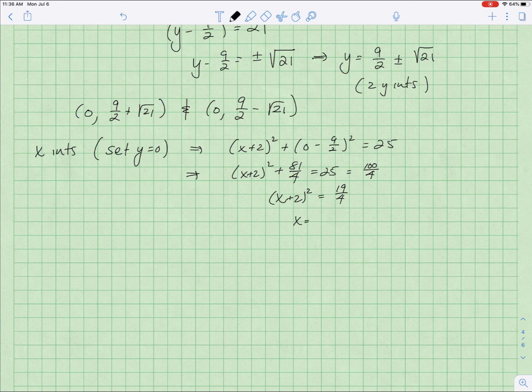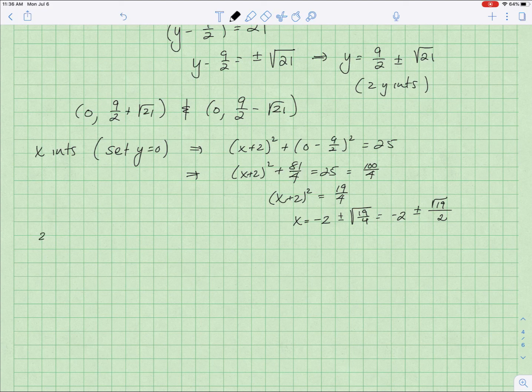which means that if I take the square root of both sides and subtract 2, I get x is equal to negative 2 plus or minus the square root of 19 over 4, which can be simplified just a little bit as negative 2 plus or minus the square root of 19 over the square root of the denominator, and the square root of 4 is 2.